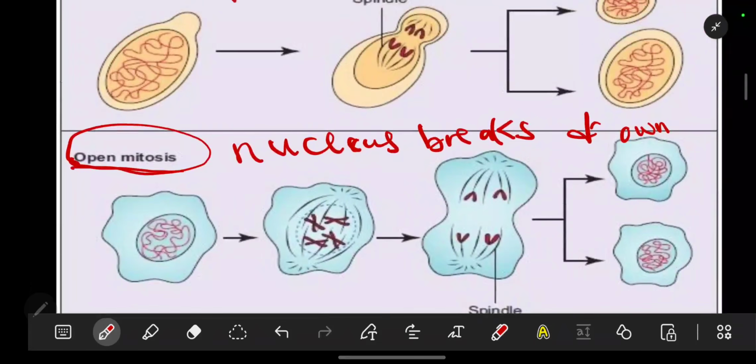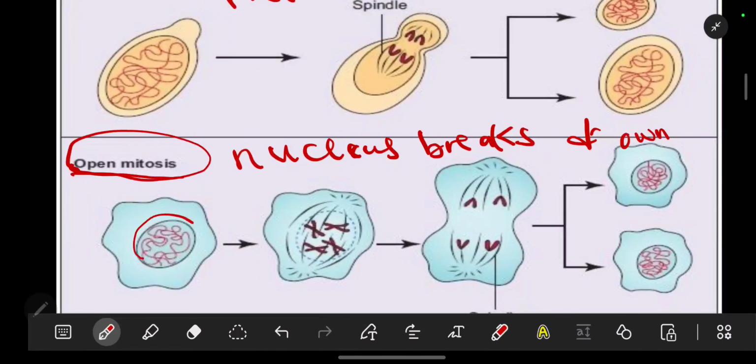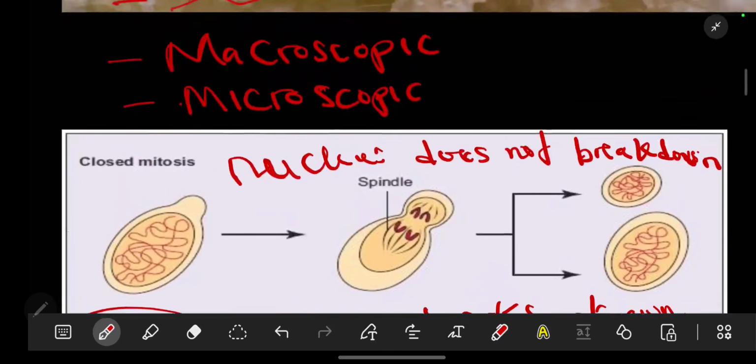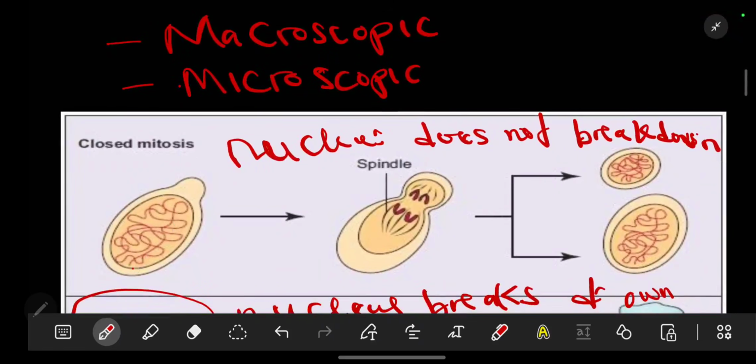If you look here, you will find that this is the nucleus, but it is not intact during the cell division. You will find that the nucleus is broken, then it reappears like that. Now under closed mitosis, as you can see, this wall, the nuclear membrane, is still there until there is separation.